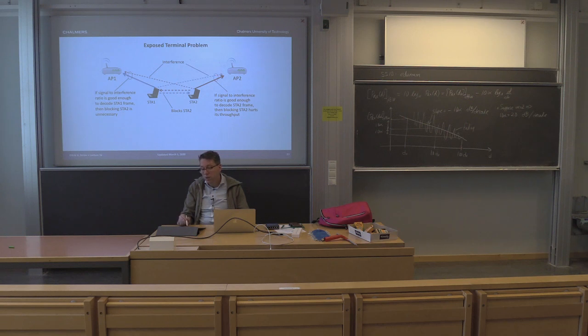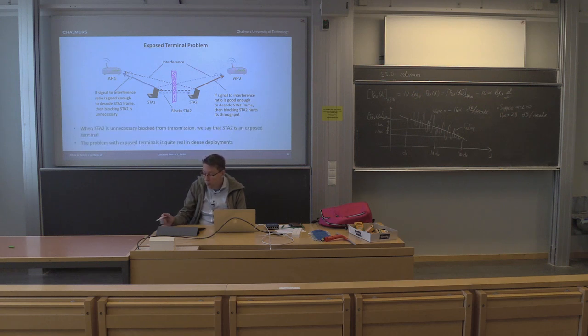So we can have a situation where 2 nodes are actually able to transmit at the same time without interfering with each other too much. And this typically occurs when there is a wall or something in between. There is enough power going through this to block this station, but not enough power to destroy the reception at this point.